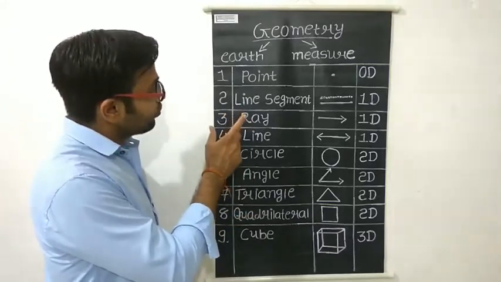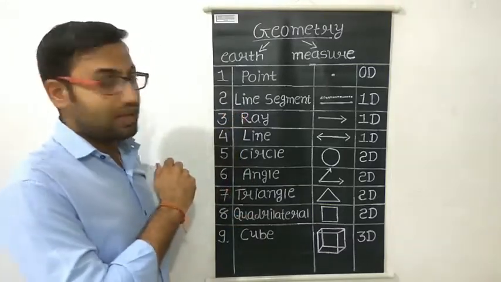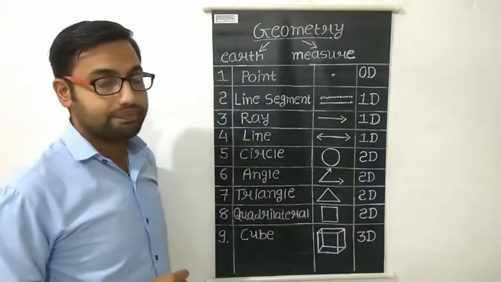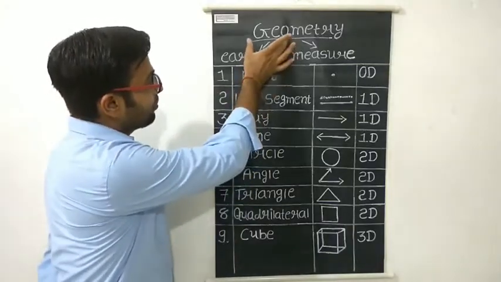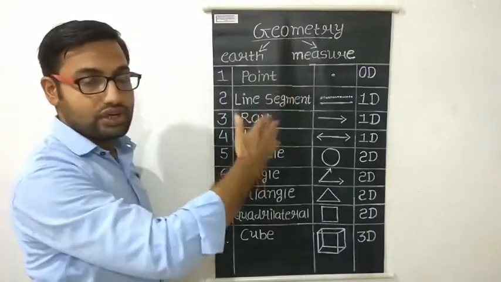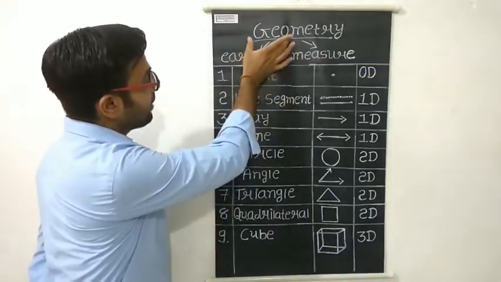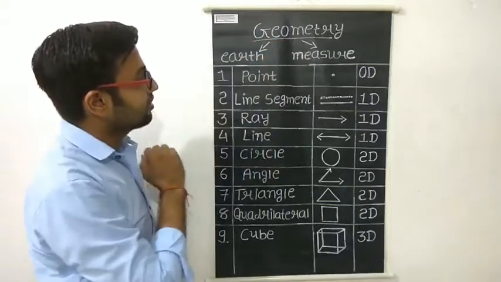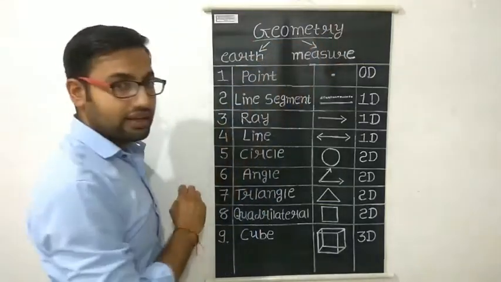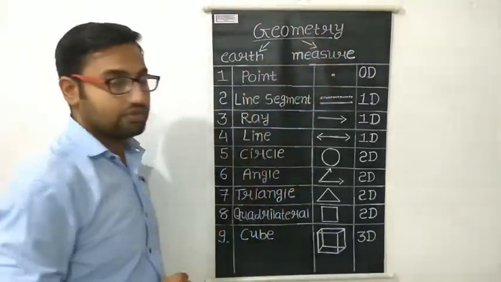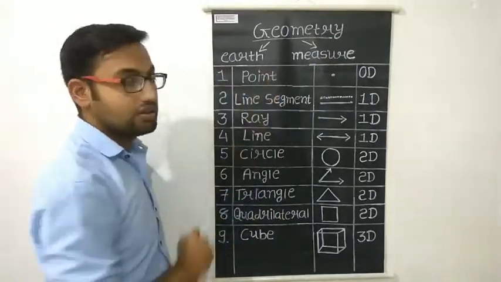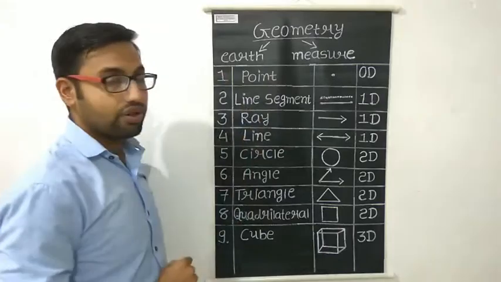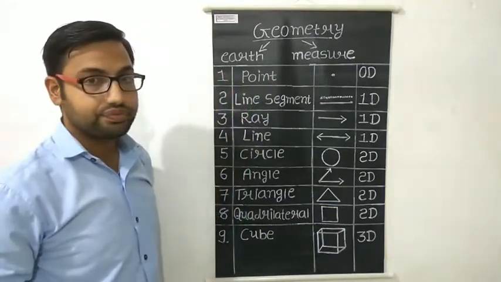In the same way, there is another branch of maths, that is geometry. So what is the meaning of geometry? The word geometry is actually divided into two parts. One part, geo, means the earth, and the second part, metry, means the measure. So the meaning of geometry is measurement of earth, or earth measure.